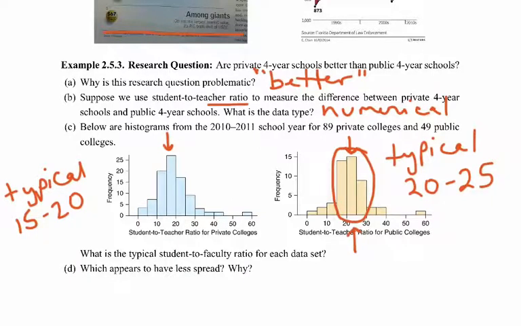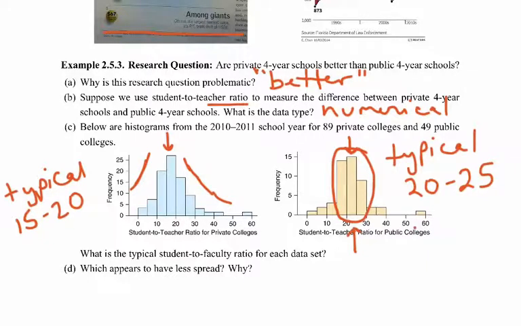So we have some larger numbers over here and some smaller numbers over here, but more values are clustered near the center. The range from the lowest to the highest for both of them is 0 to 60, but over here there's a little bit more of a taper. So we have more values further away from the center over here for the private colleges.